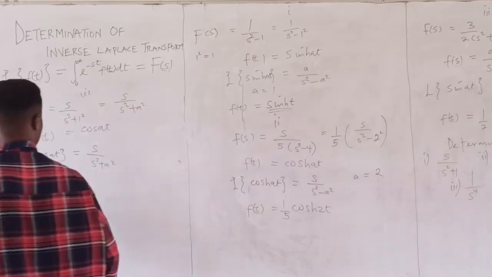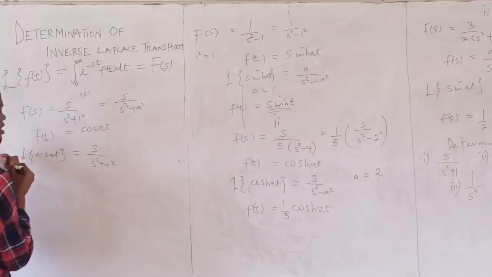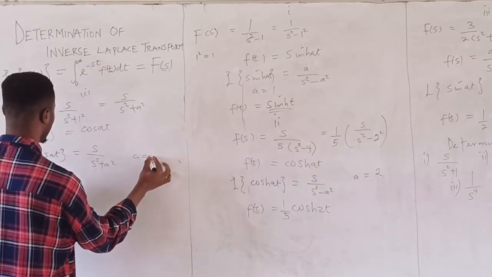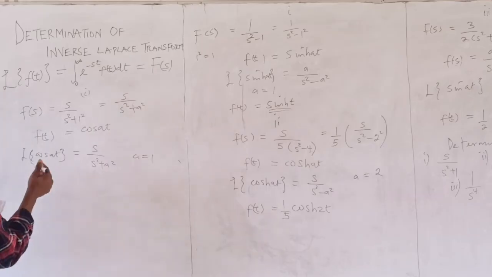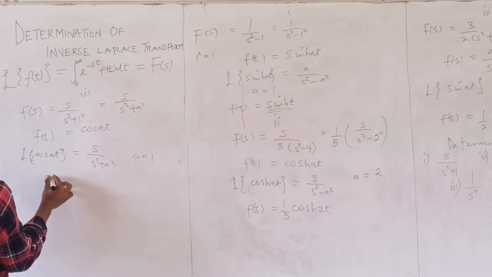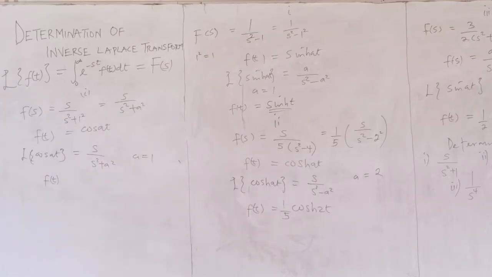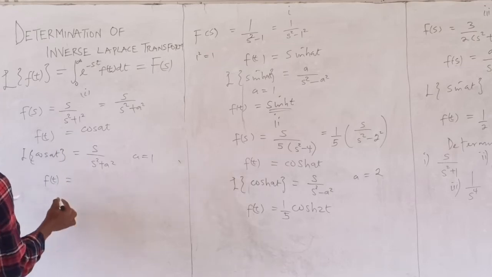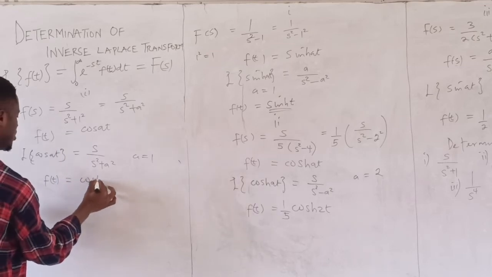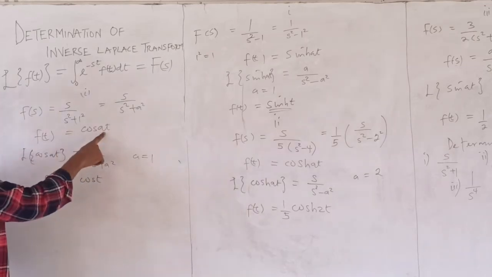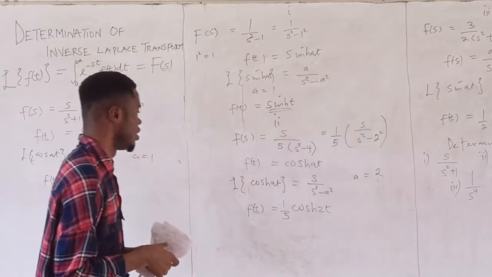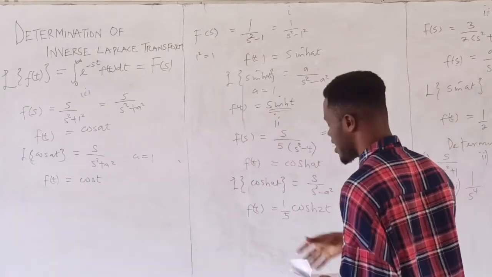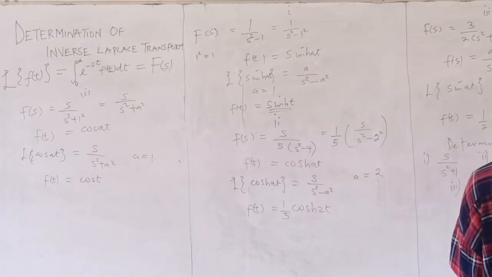If you now compare this and this, you can clearly see that a is equal to 1. So since a is equal to 1, the f of t that is equal to this function will now be equal to cos t, because a is equal to 1. So that is just the final answer to that question.